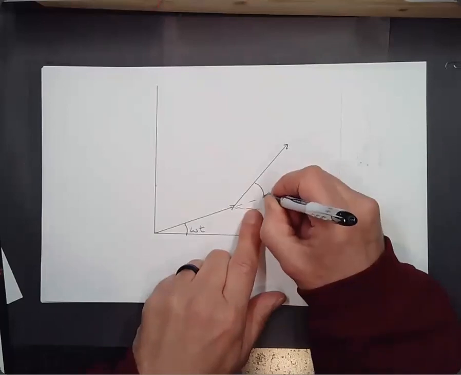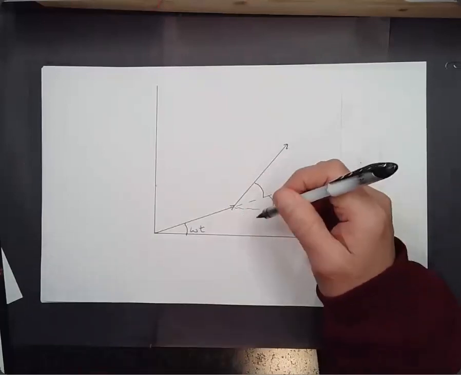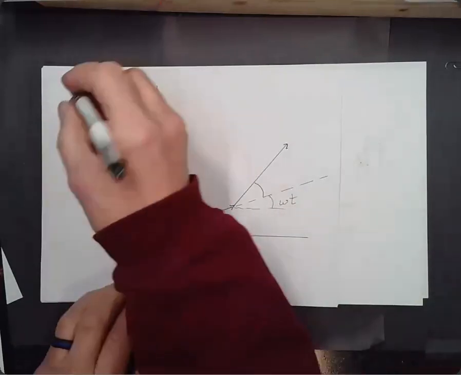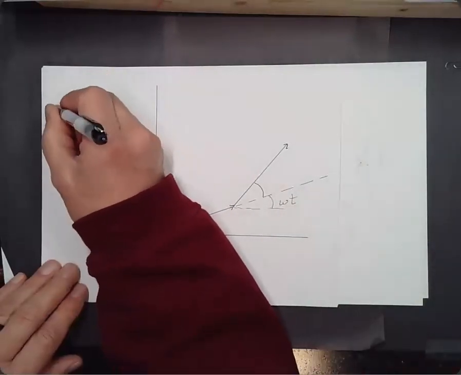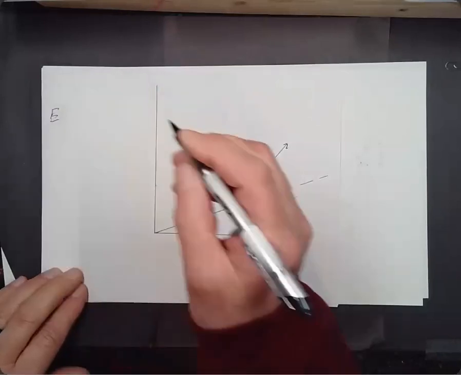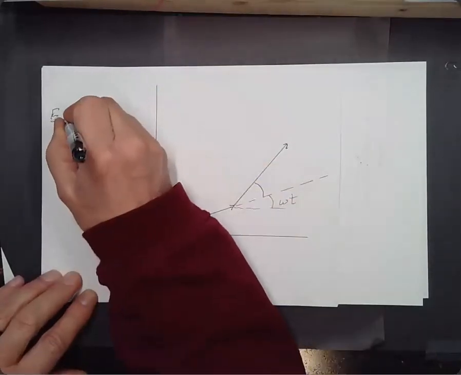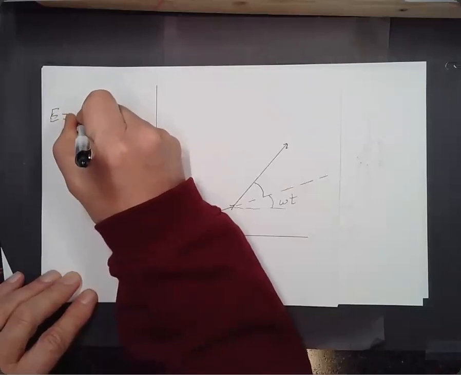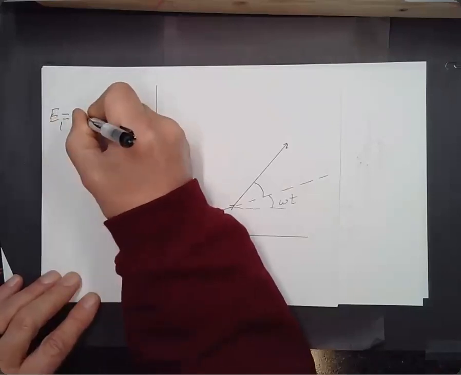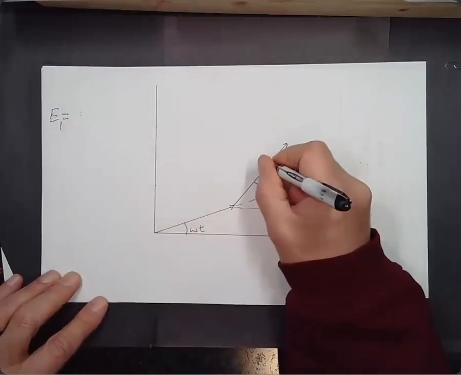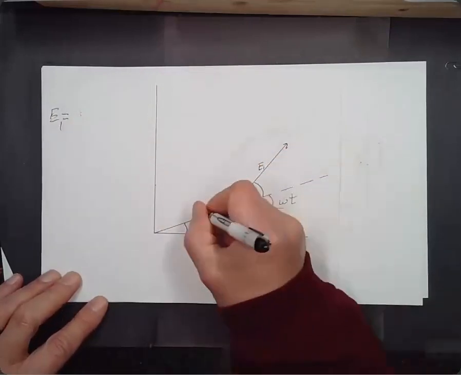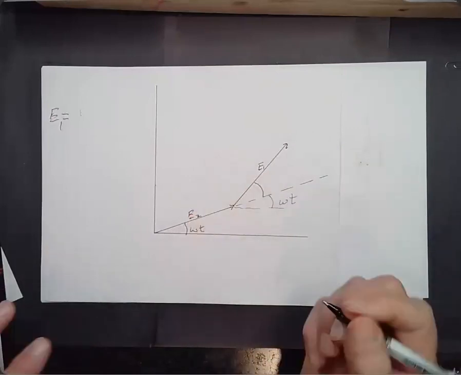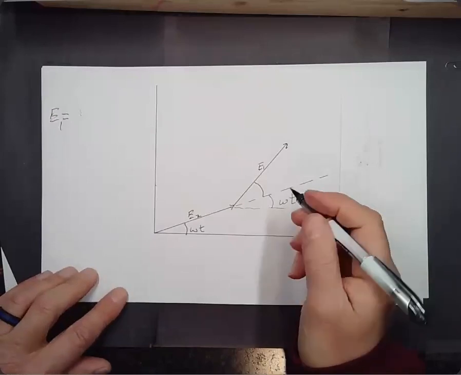But this is going to be the phase difference between these two vectors or two electric fields that I've got. And one of them at this instant in time, I can write as, I'll call it E1. Actually, this is the one I'm going to call E1. This will be E2 down here. It doesn't matter what order I write those in.